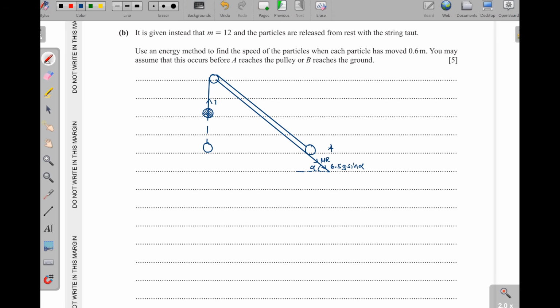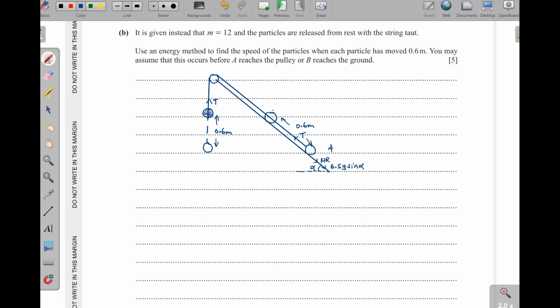So there is tension in this string. There's also tension in that string there. Now this one here, A, has also moved, let's say up to here. So the distance in here is 0.6 meters. But they have moved. Even this one is 0.6 meters here.